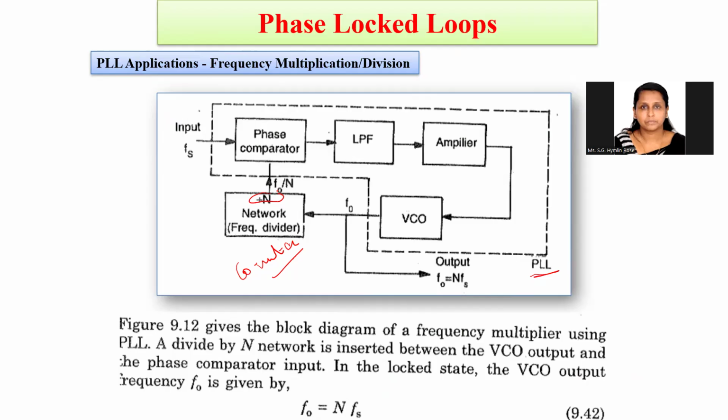So you have to keep the N value less than or equal to 10 for typical applications. It is also used in frequency division. Since the VCO output is rich in harmonics, it is possible to lock to the Nth harmonic of the VCO output. F0 equal to Fs by N. So the output is obtained by dividing the input frequency.